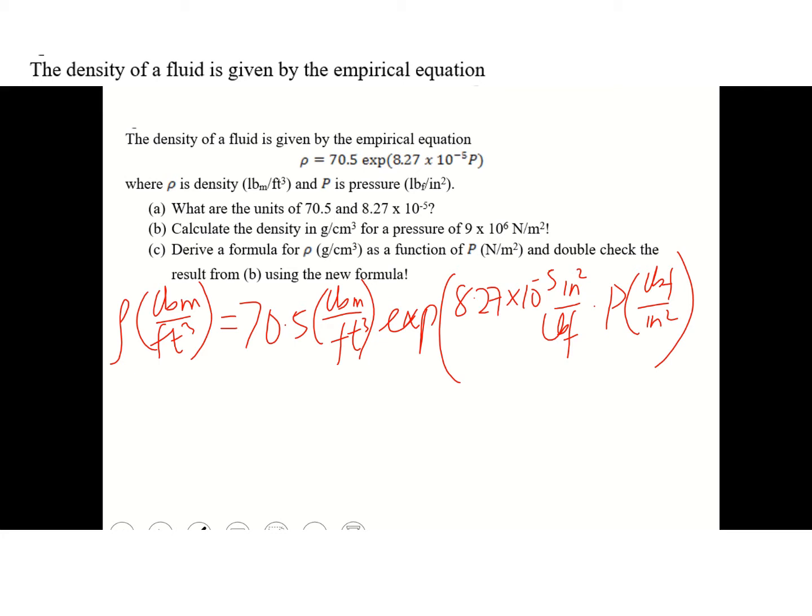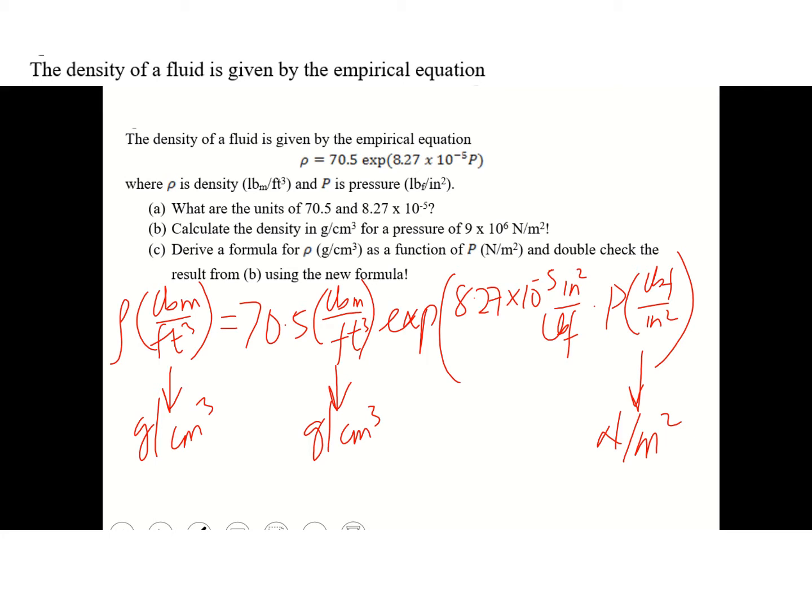So what are we going to do? We want this density to be in gram per cm cube, and we want the pressure P to be in Newton per meter square. So we need to establish that relationship.